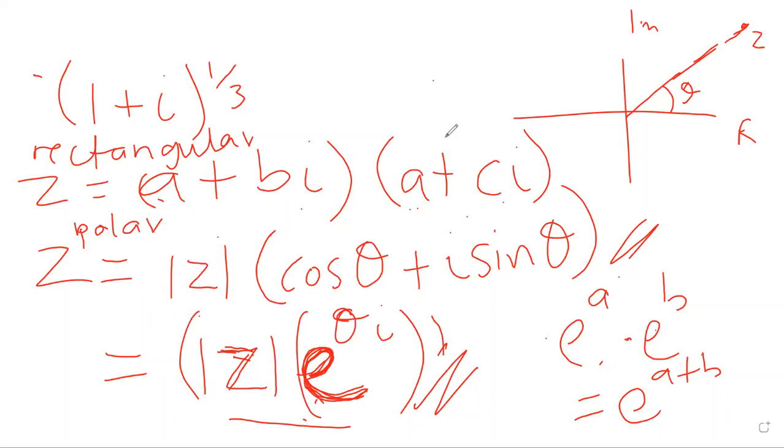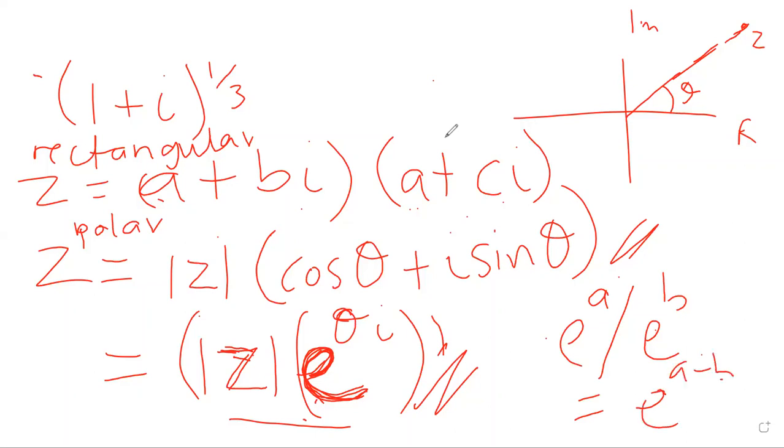And the next part is division. In division, I'm sure it's obvious to you by this time, if multiplication was adding the exponents, then division will obviously be subtracting the exponents: e exponent a minus b.